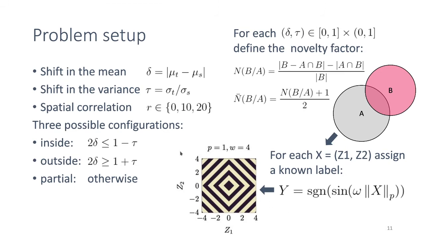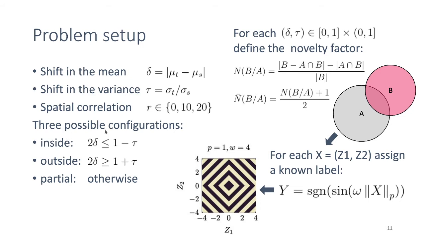We can define this covariate shift in terms of two parameters, a shift in the mean and a shift in the variance. We also play with the spatial correlation, which in this experiment can be 0, 10, or 20 pixels in the grid.